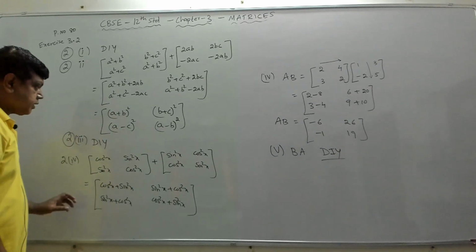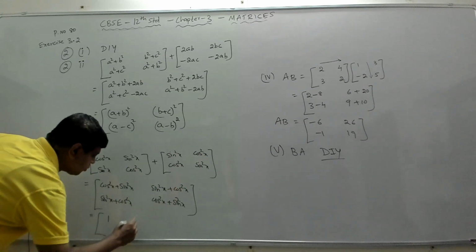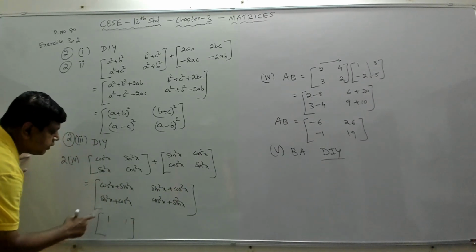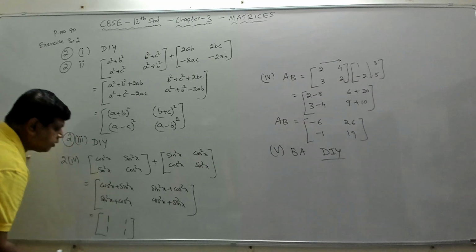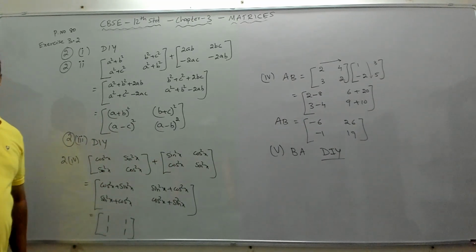And we know cos square x plus sin square x is 1, which is our trigonometric identity. So you get the answer as 1, 1, 1, 1 if you add these two matrices.